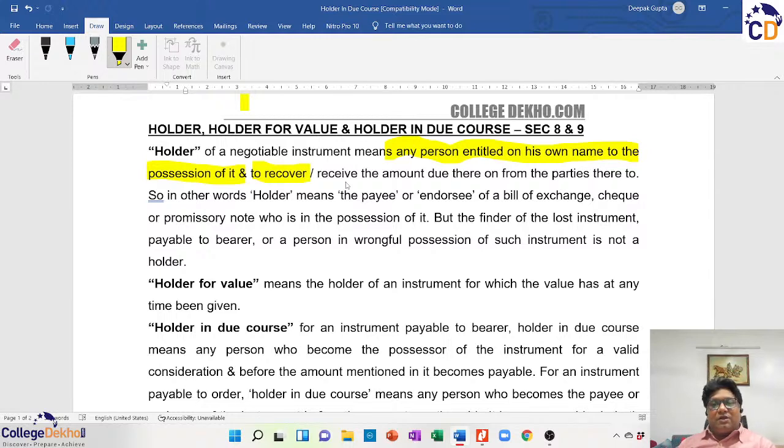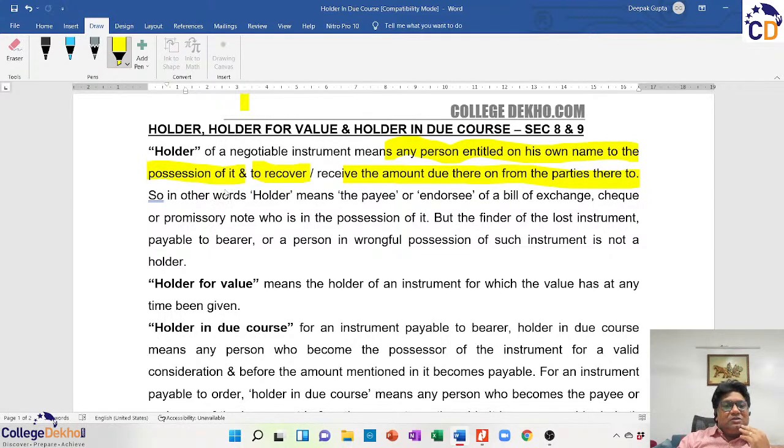And if the payment is not due yet, then he is the holder or possessor of the instrument, which he can keep till maturity, or he can transfer it to another party who will get the dues from the payer. So these are the possessors or recoverers or payees who will receive the amount due from the party who is liable.